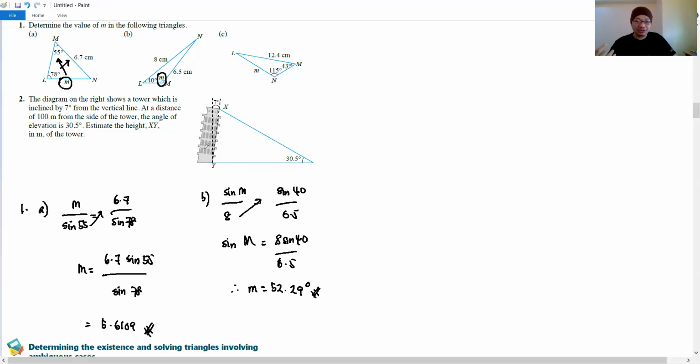So this is M star, because it's not the final answer. To find the obtuse angle, you put 180 minus your M star.